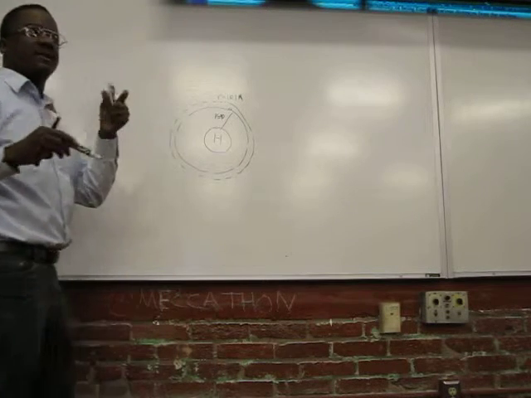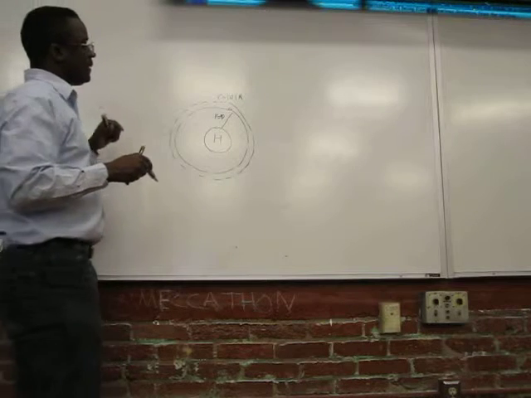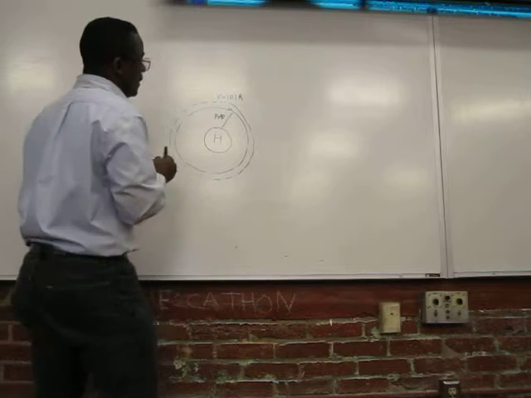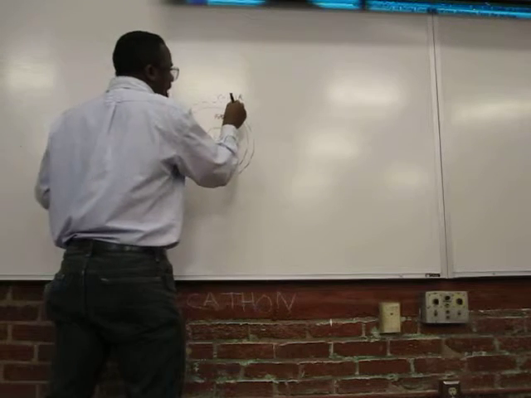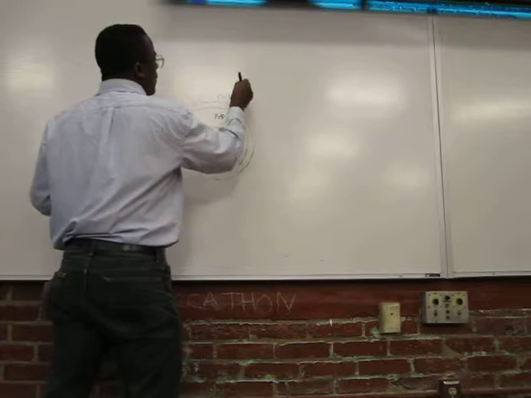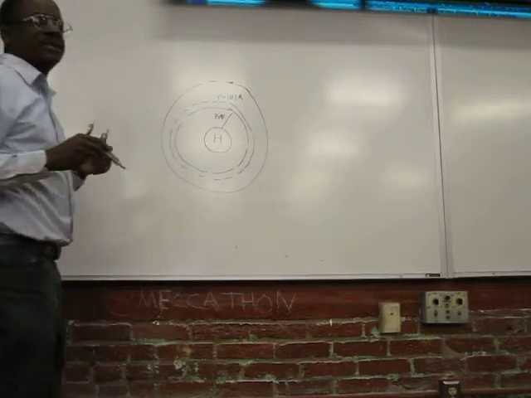Now, an angstrom is a unit of length. It's 1 times 10 to the negative 10 meters. I can only go in discrete orbits around the nucleus, and he called those stationary states.